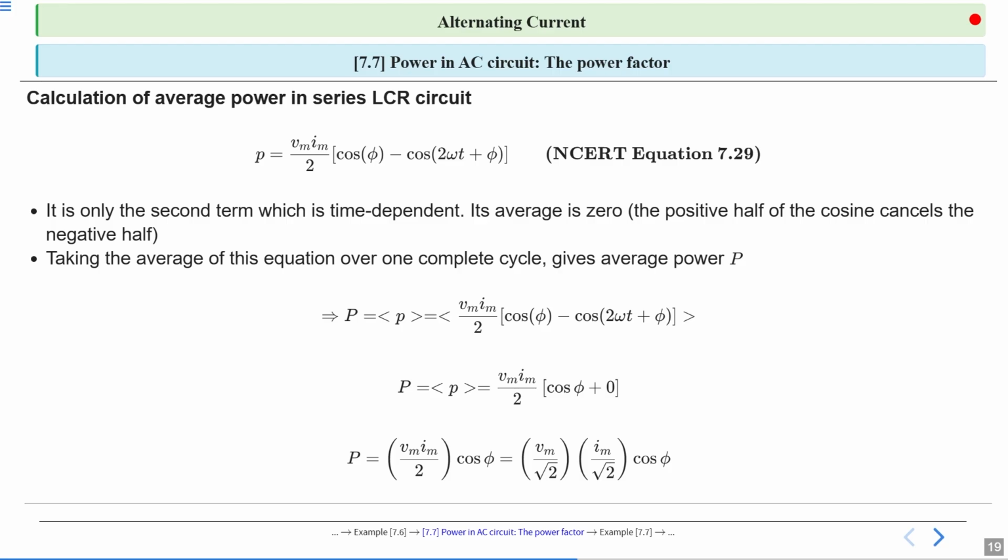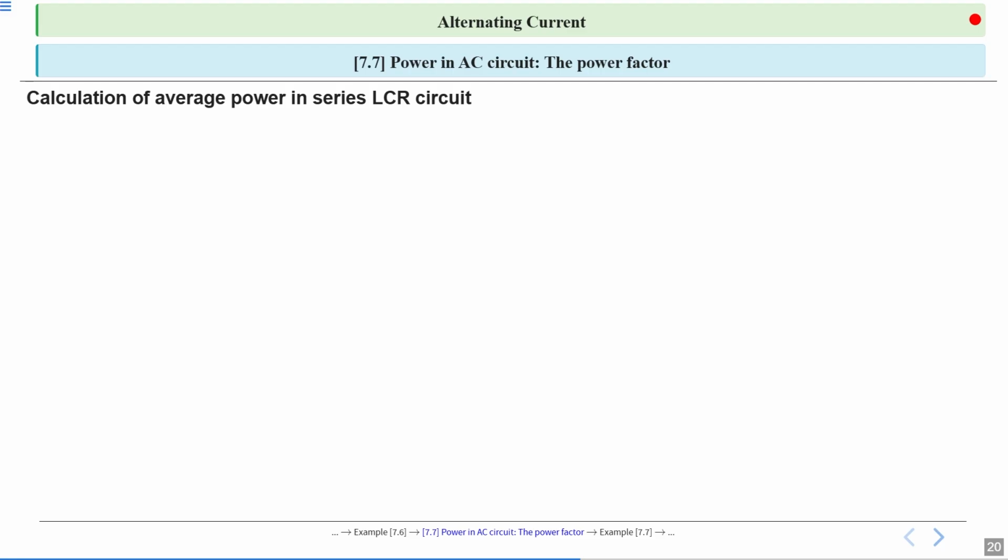Irms. So the final expression for power will be P equal to Vm upon root 2 and Im upon root 2 cos phi. So it will become P equal to Vrms Irms cos phi. Mark it as equation 7.30a.